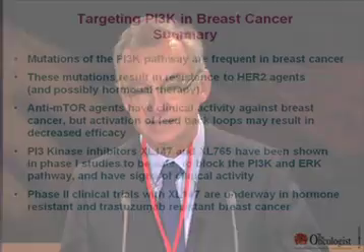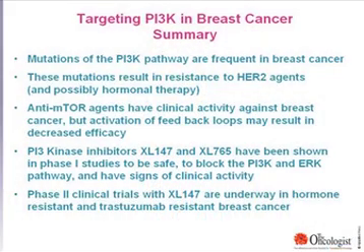So in summary, I hope it was not too busy, all that I had to say, but in this slide we have perhaps the key messages. First, mutations of the PI3 kinase pathway are frequent in breast cancer, and these mutations result in resistance to HER2 agents and possibly to hormonal agents as well. Anti-mTOR agents have clinical activity against breast cancer, but activation of feedback loops may result in decreased efficacy.